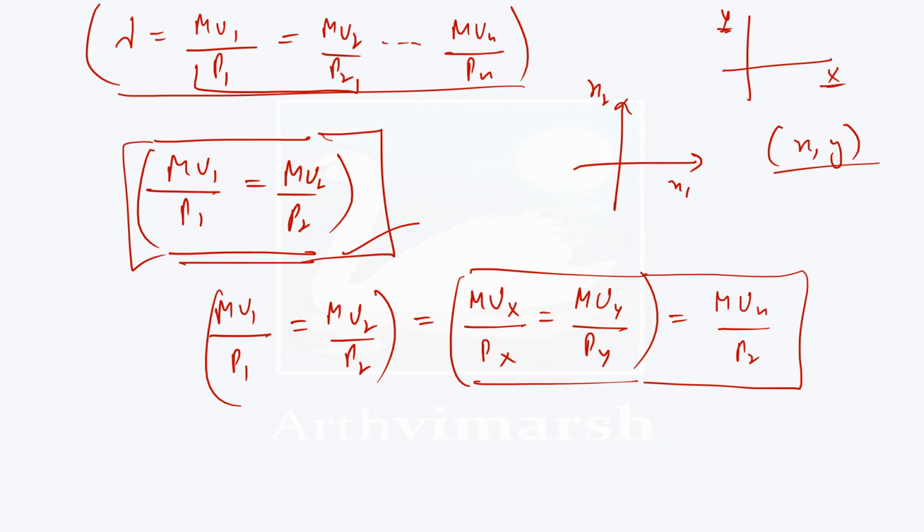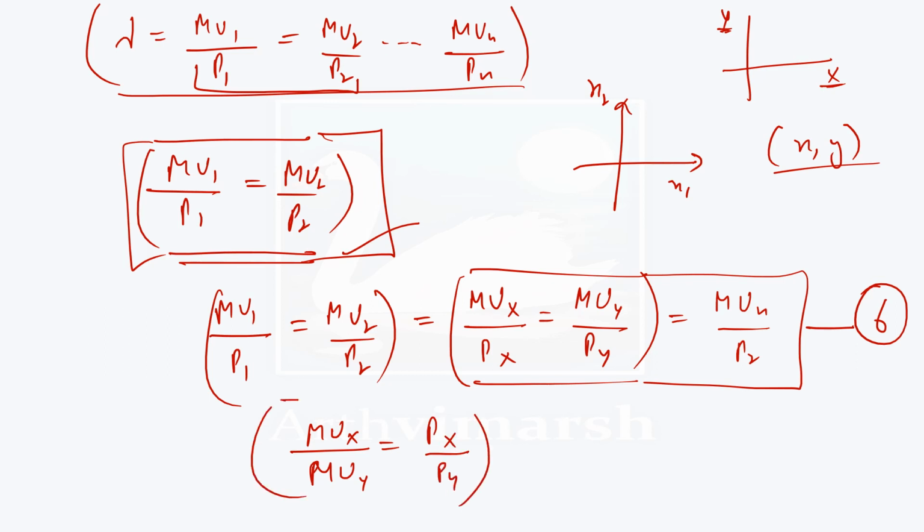And just to point out one more thing, if you recall, say for instance, I tweak this expression 6 and transpose the marginal utilities to one side: MU of x upon MU of y equal to the P of x upon P of y.